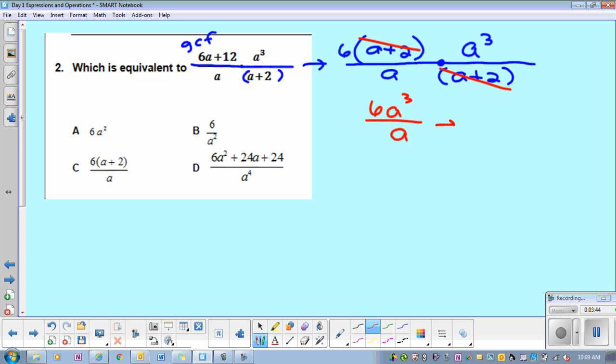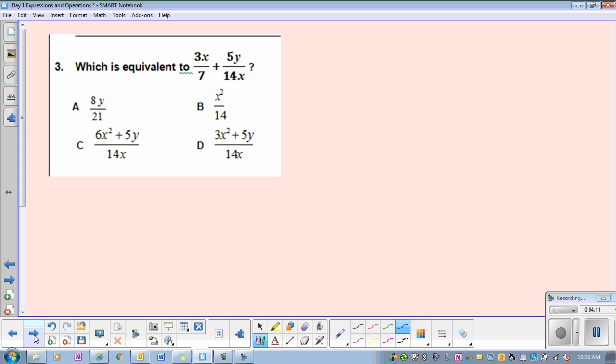So if I were to expand this out, that's really 6a over A. What else can you cancel out? Yeah. So then what's left over? 6a squared, so it's A. A lot of A's in this problem. Questions about this? So easy when we do it together, isn't it? All right, which is equivalent to this?